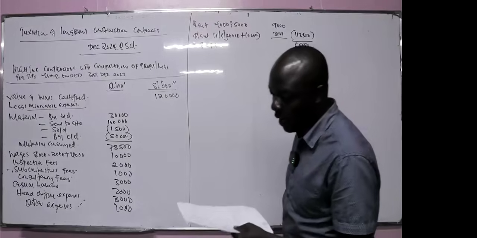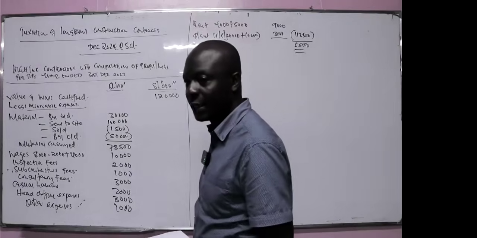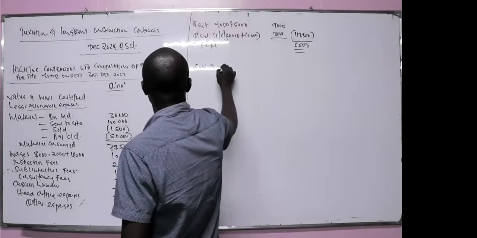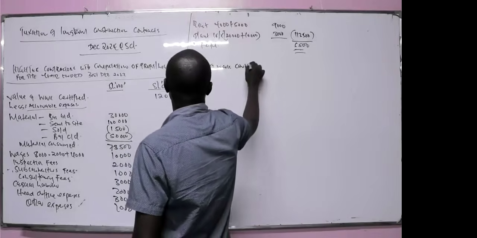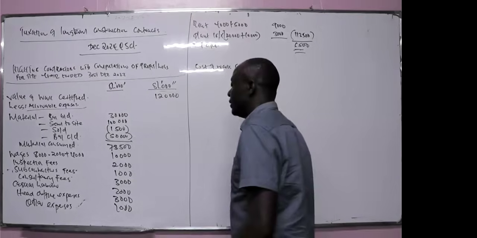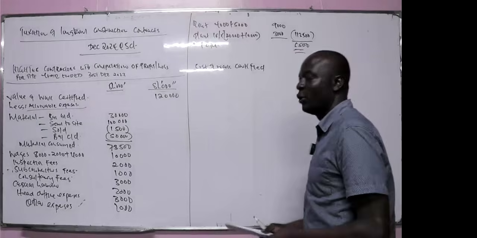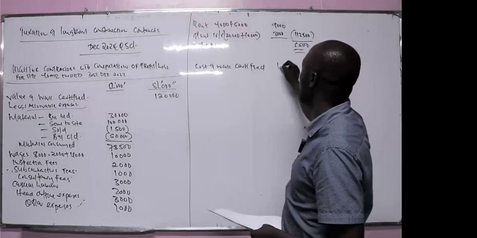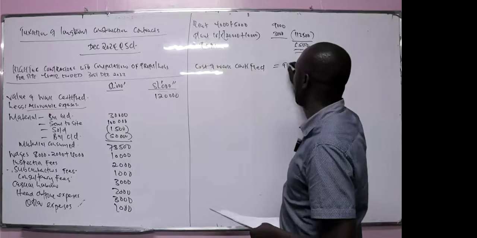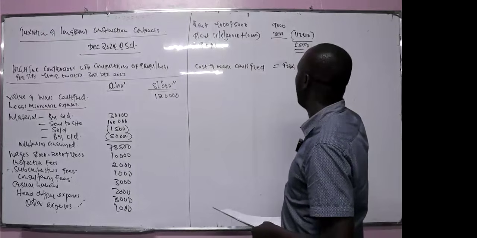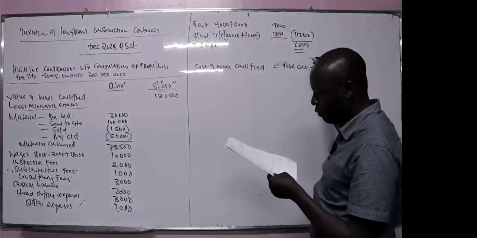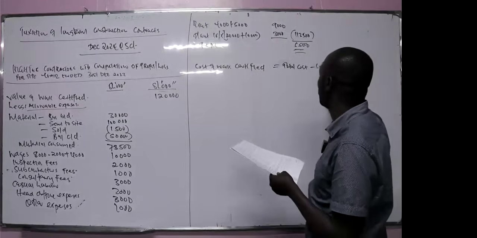Then now we come here, get the cost of work certified. Remember, this was value of work certified. This is the cost of work certified. So you take the total cost minus cost of work uncertified.